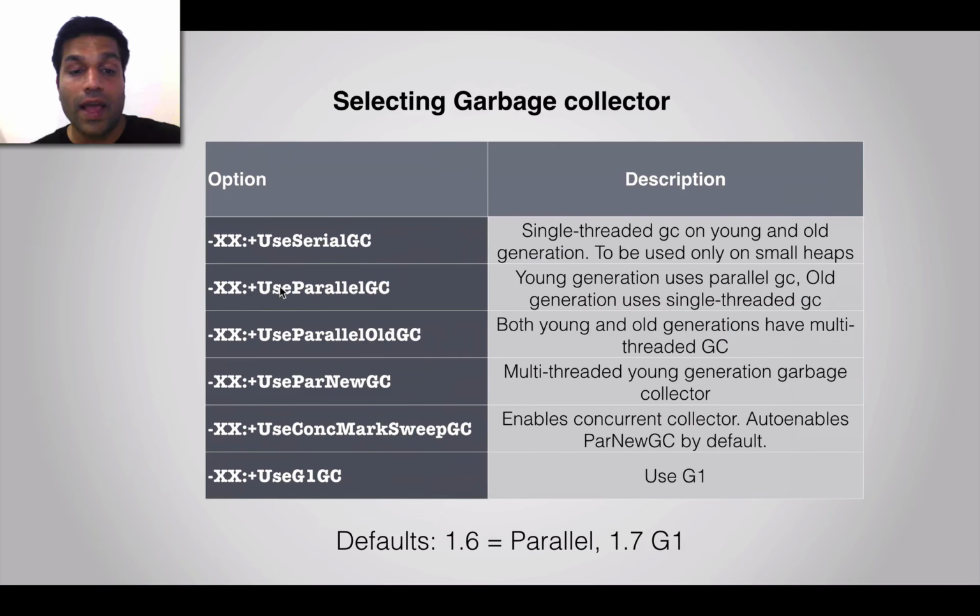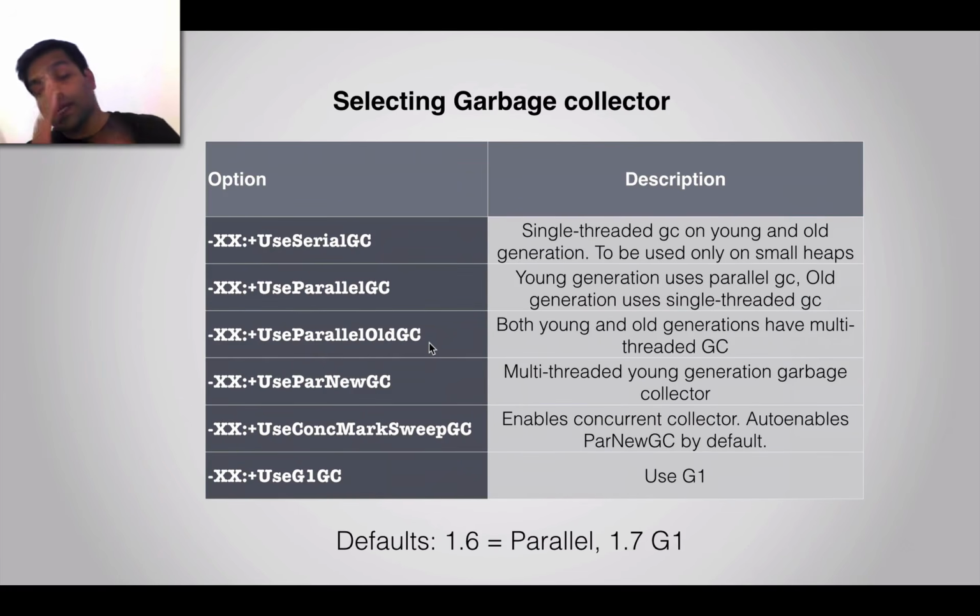So if you use this flag, the young generation is garbage collected in parallel fashion, but the old generation at the same time is garbage collected using single-threaded garbage collection. So coming to another flag called UseParallelOldGC, if you put this flag in your application's command line, this means both the young and old generations have multi-threaded garbage collection.